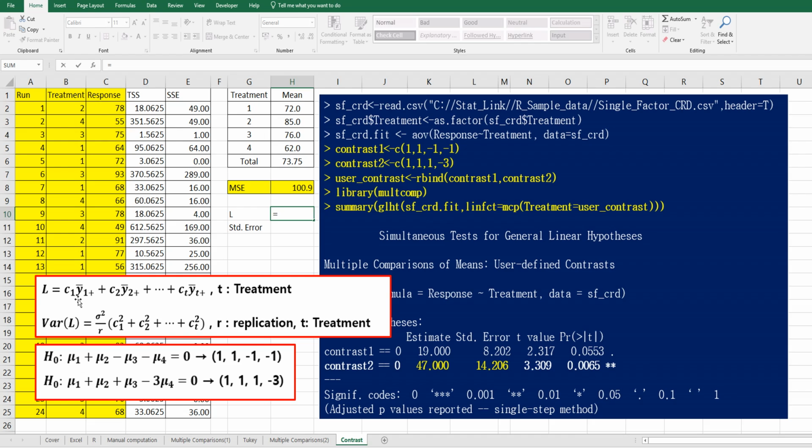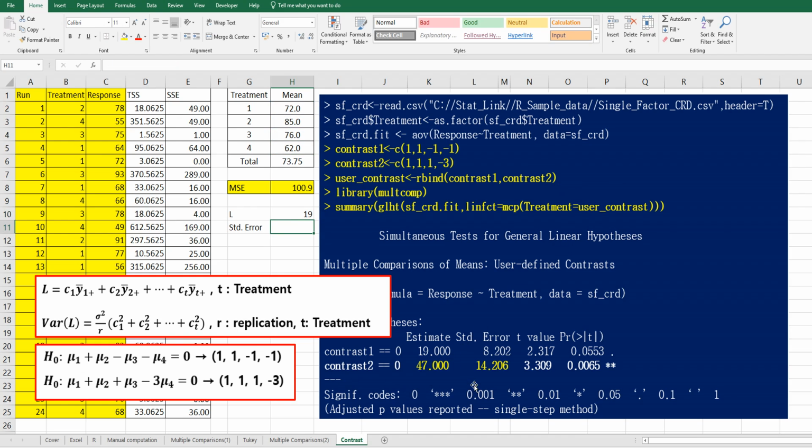So C1 equals 1 multiplied by this one plus 1 multiplied by treatment 2 and minus 1 multiplied by treatment 3 minus 1 multiplied by treatment 4, right? Like this way. This one.